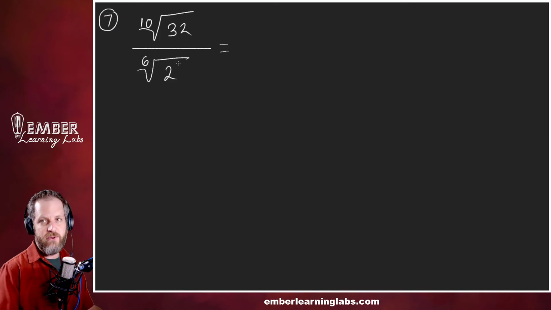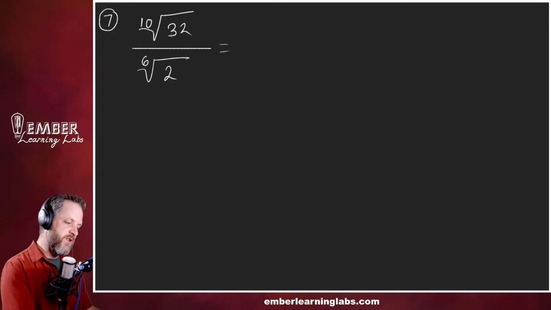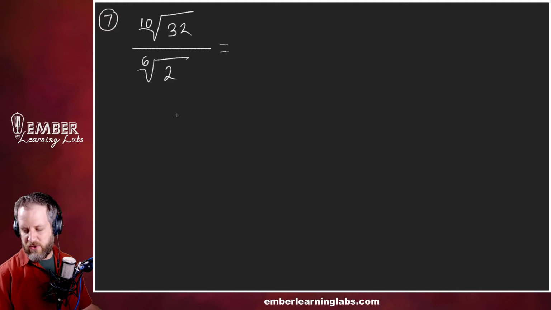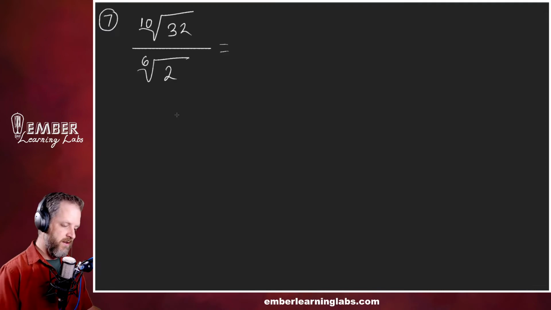We've got two different bases, two different numbers inside of here. So it'd be really helpful if we could turn this 32 into a 2. We can, because 32 is the same as 2 to the 5th.